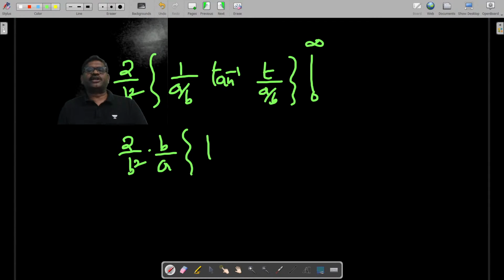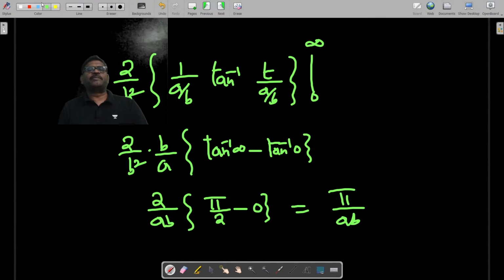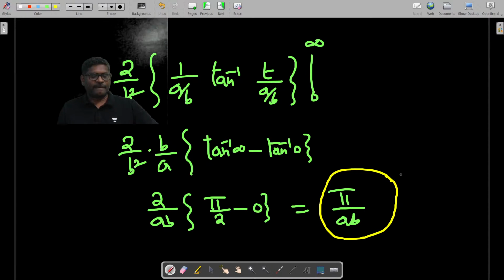Two by b square into b by a, tan inverse infinite minus tan inverse 0. 2 by ab of pi by 2 minus 0. That is pi by ab. Finally, the value of integral is pi by ab.